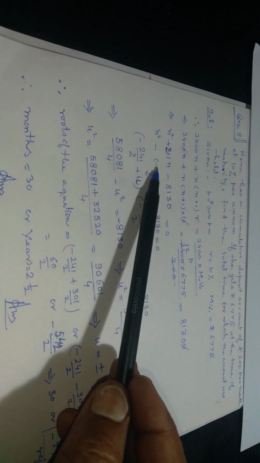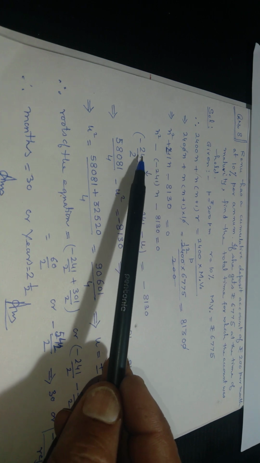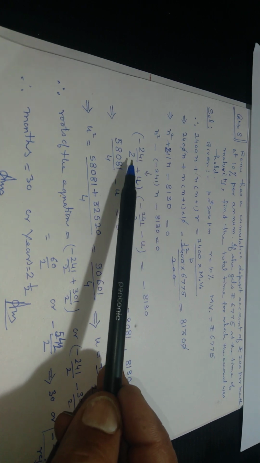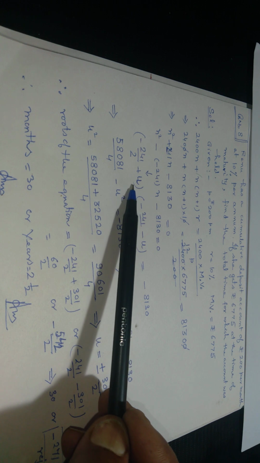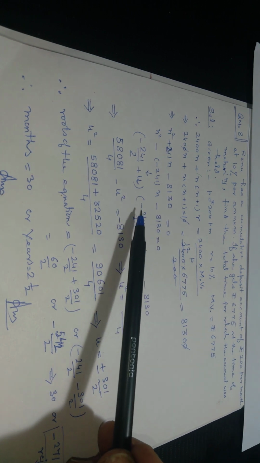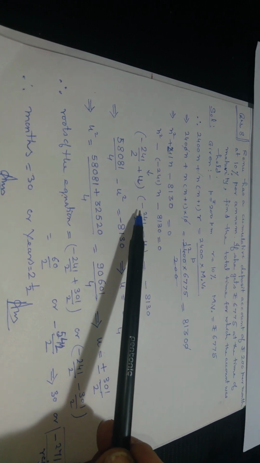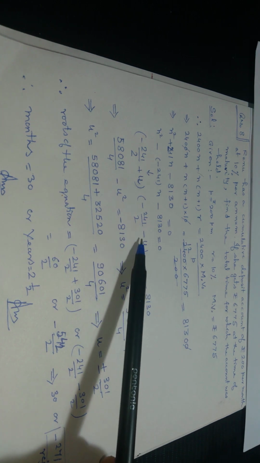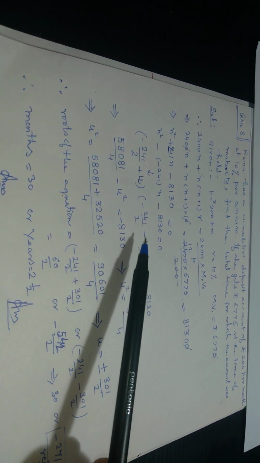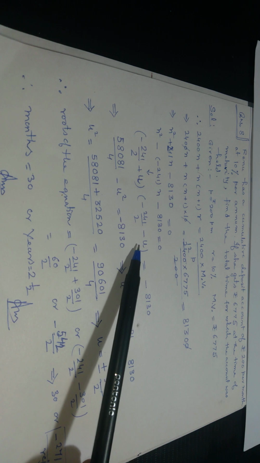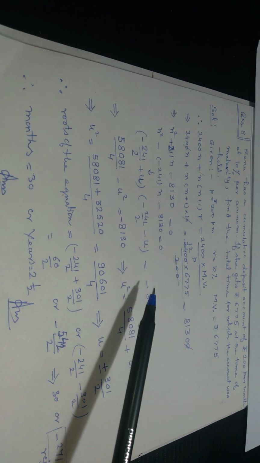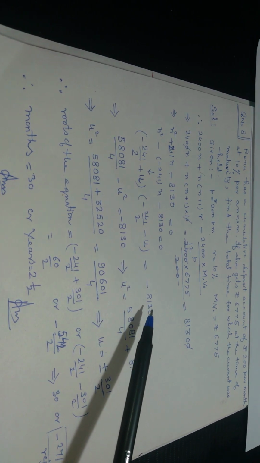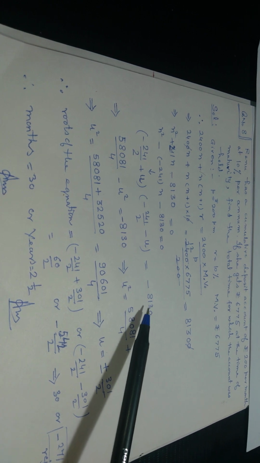Half of this middle part, minus 241 divided by 2 plus u in one side of the bracket, in the second bracket minus 241 by 2 minus u. These are the two roots. So the product of the roots should be equal to the constant divided by the coefficient of n square, that is 1 here.